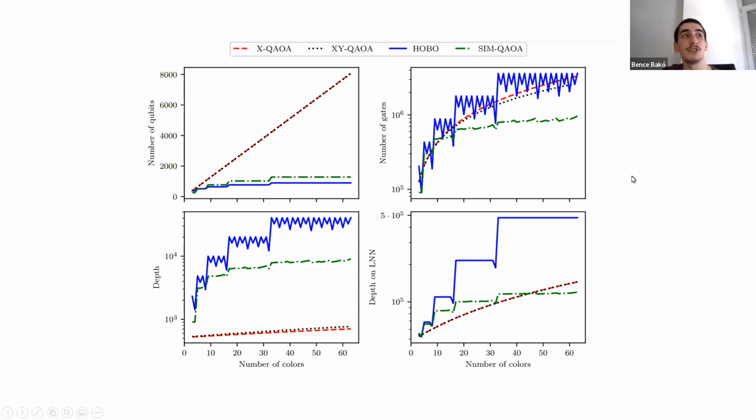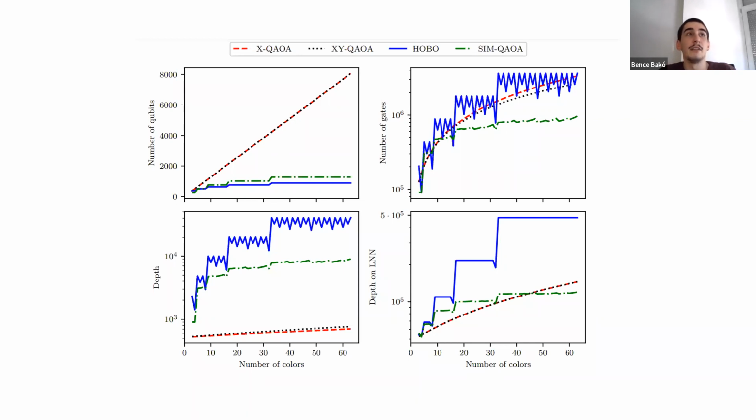Now, what I should mention is that all of these implementations were done in Qiskit, and we made a separate version for LNN topology. So we didn't use the transpiler to transpile it to LNN, but we made separate versions.